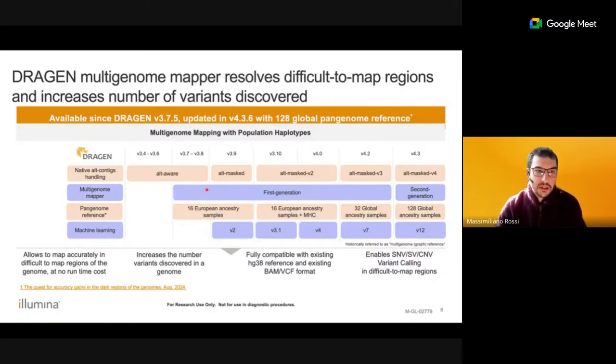The first generation of the multi-genome mapper and the pan-genome reference was introduced in version 3.7 of Dragen. And the first pan-genome reference was composed of 16 samples of European ancestry. The pan-genome reference augmentation enables the mapper to select the standard reference contig alignment more accurately and to better estimate the mapping accuracy for those alignments using the population information provided by the pan-genome reference.